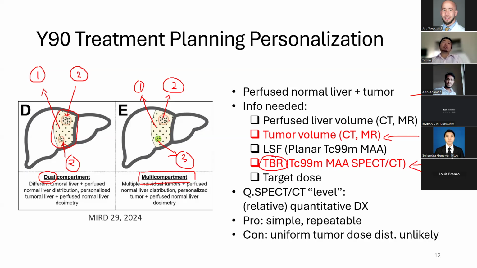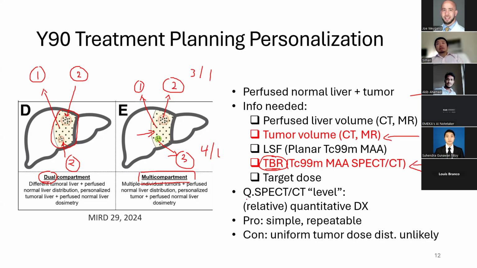So let's say tumor one is a 3-to-1 ratio, meaning that it's 3 times as hot as the perfused volume, and tumor 3 is 4-to-1 or something like that. So that is an increased demand from the imaging. You need extra information.